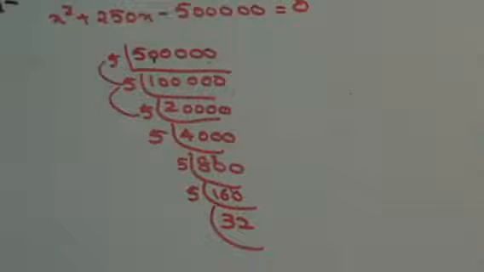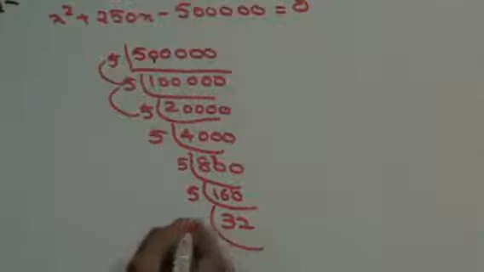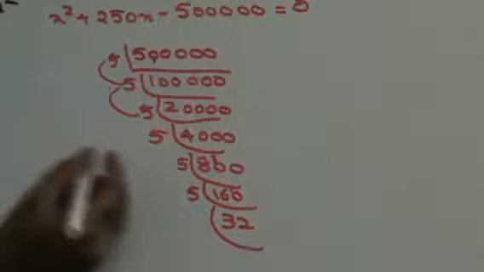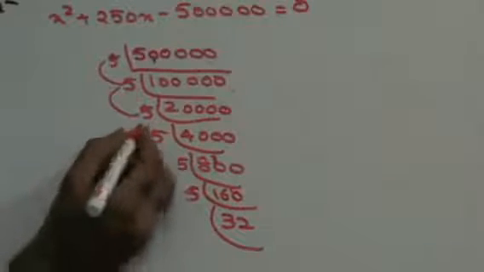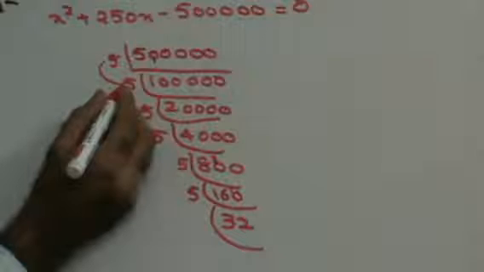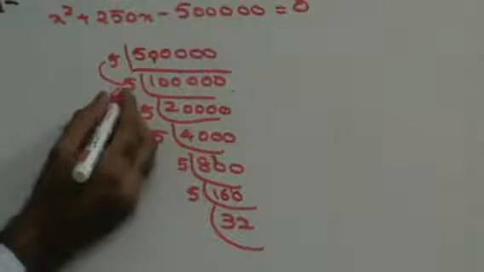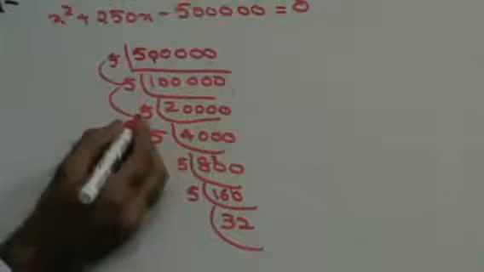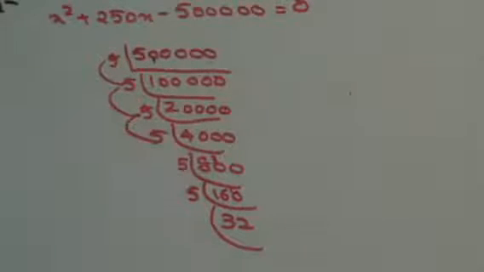I could have 5 2s are 10, that you can have. So you could take this as 5 5s are 25, 25 5s are 125, 125 5s are 625.